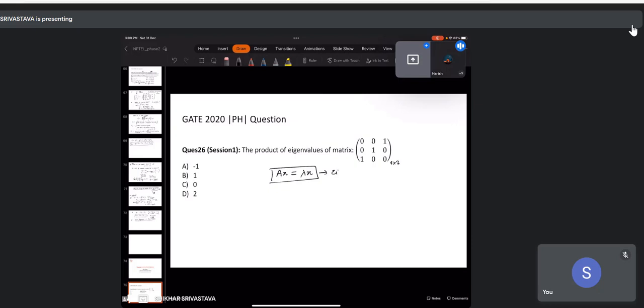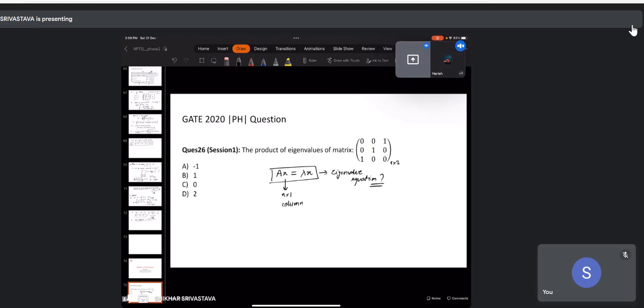This is just the eigenvalue equation which you must be knowing. So what does this eigenvalue equation represent? First of all, what are these terms? Here in matrix notation, this X is nothing but some n cross 1 column vector.